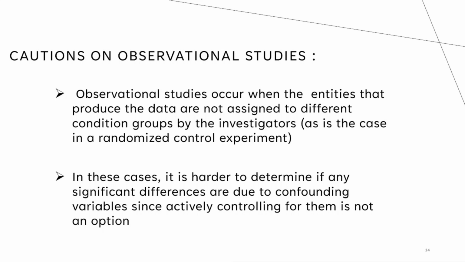You have to be careful with the conclusions that you draw, because we don't know if those conclusions might indicate that there's a significant difference, but we don't necessarily know that it's not due to some other variable that's not really made explicit.